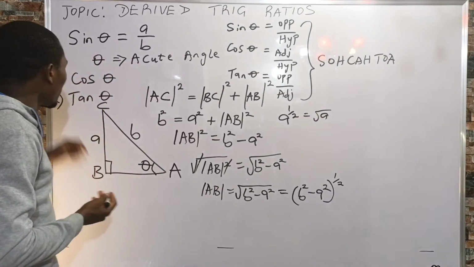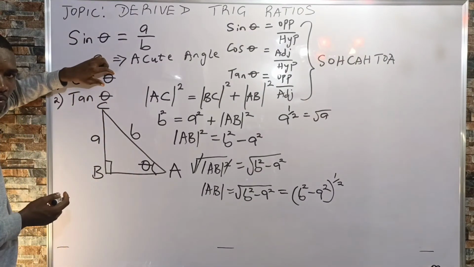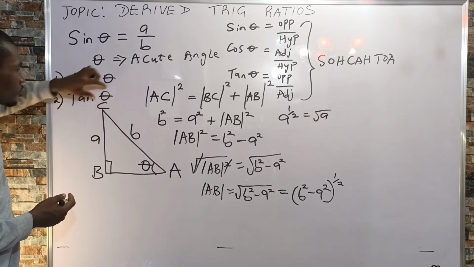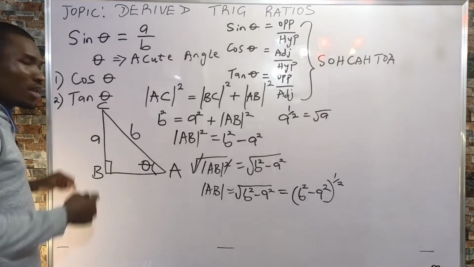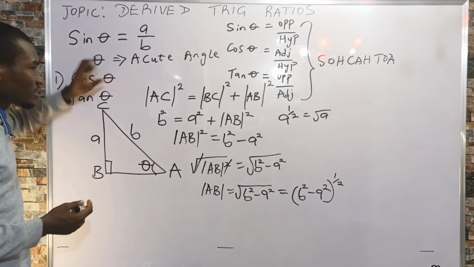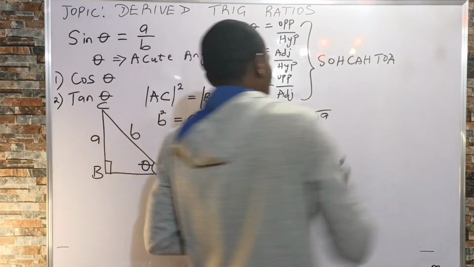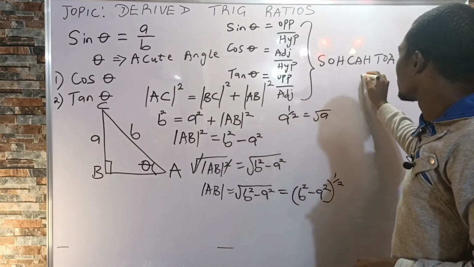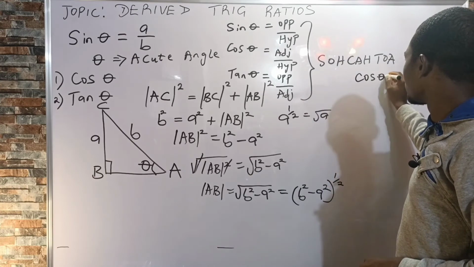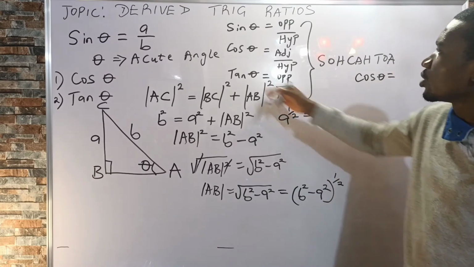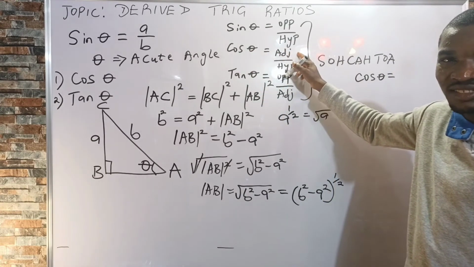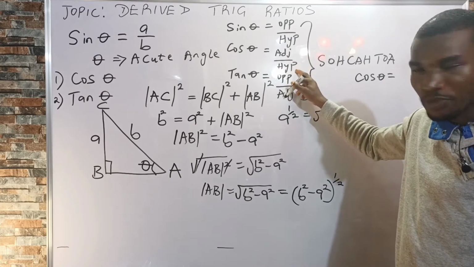We can then find the cosine of this angle theta and the tangent of this angle theta. Let's start with the cosine of this angle theta, which is an acute angle. Remember that the cosine of any angle theta is adjacent over the hypotenuse.